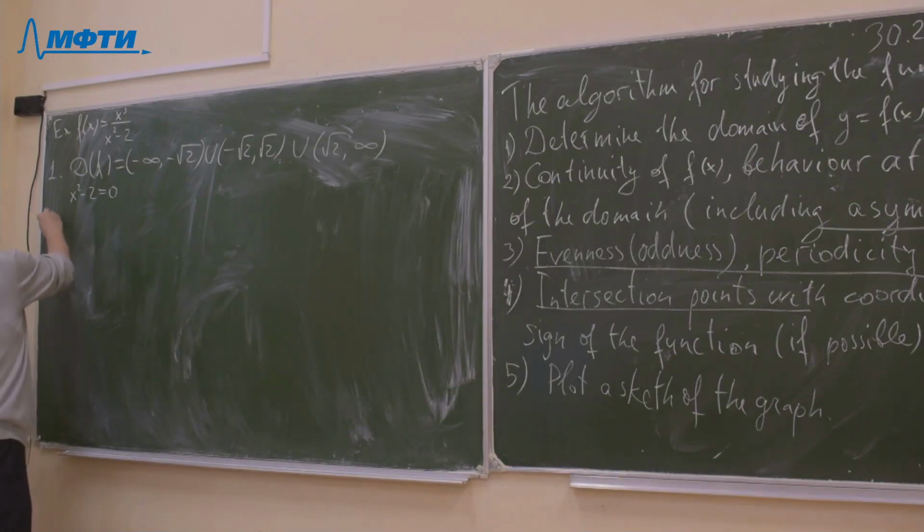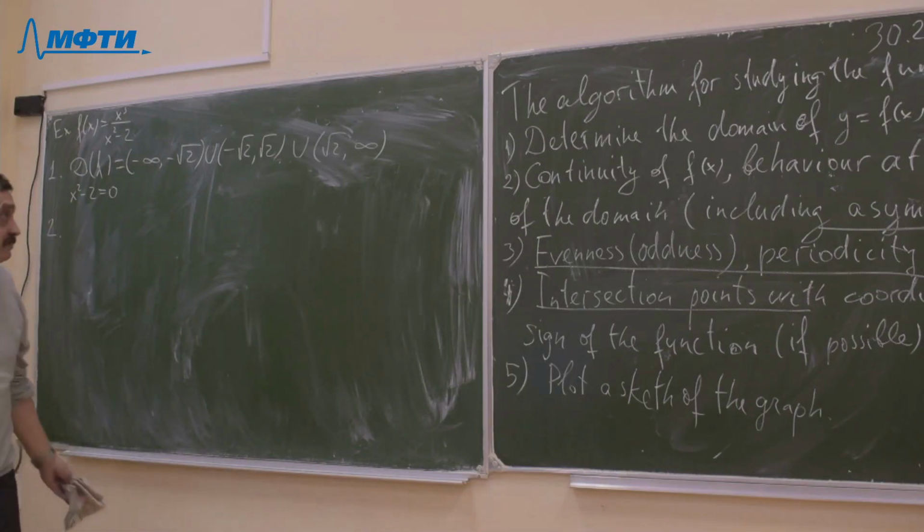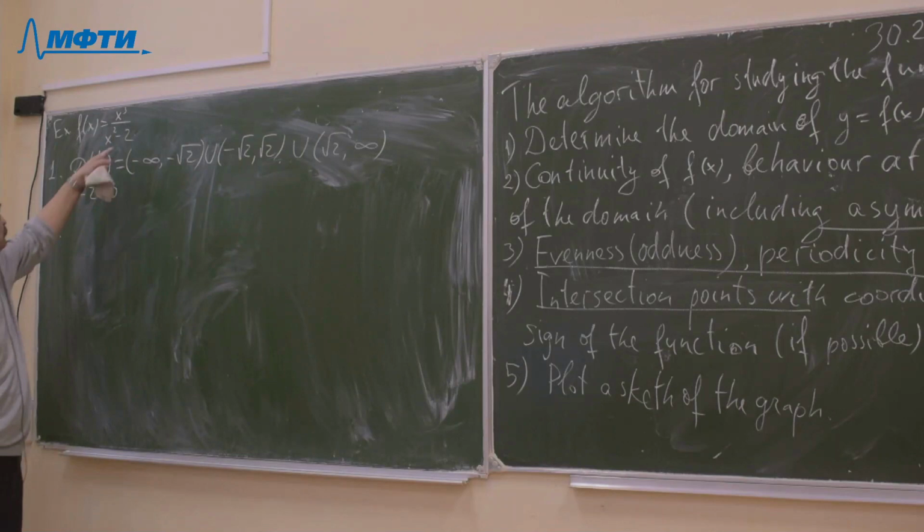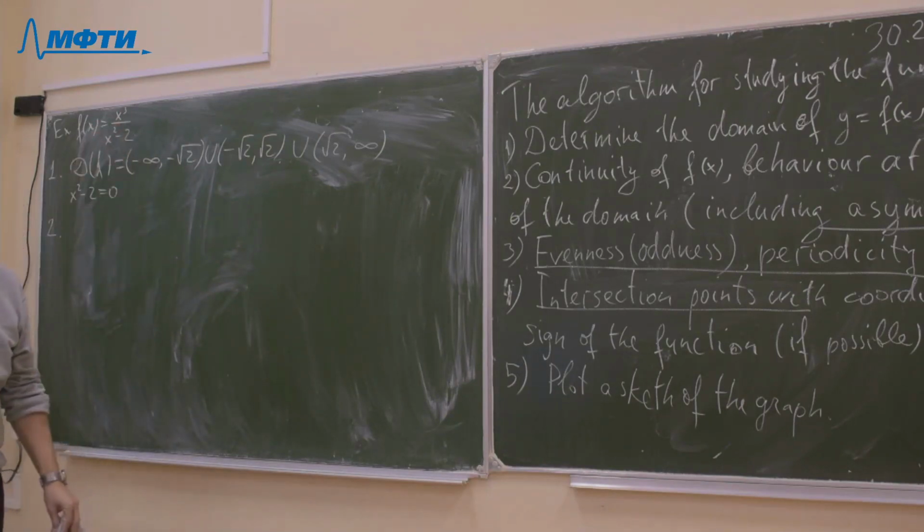So, second step, continuity. Obviously the function is continuous everywhere on its domain, right? Because if x does not equal plus or minus square root of 2, then we can use theorems about continuity: a ratio of two continuous functions with non-zero denominator is continuous.